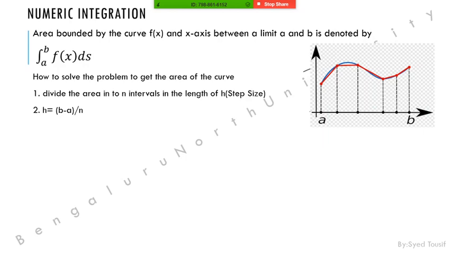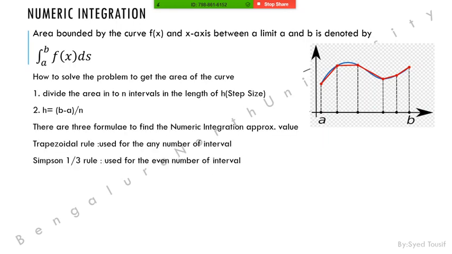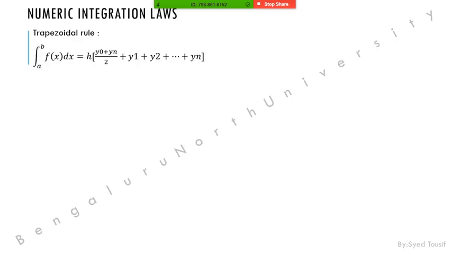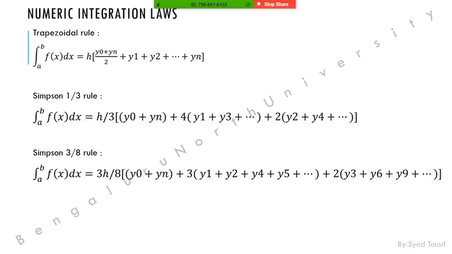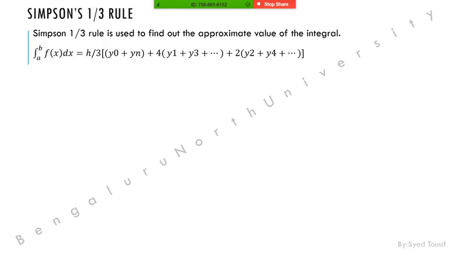We divide the curve into n number of intervals. There are 3 formulas: trapezoidal rule, Simpson 1/3 rule and Simpson 3/8 rule. We have already seen the formulas for each one, and we have applied one formula, that is Simpson 1/3 rule.